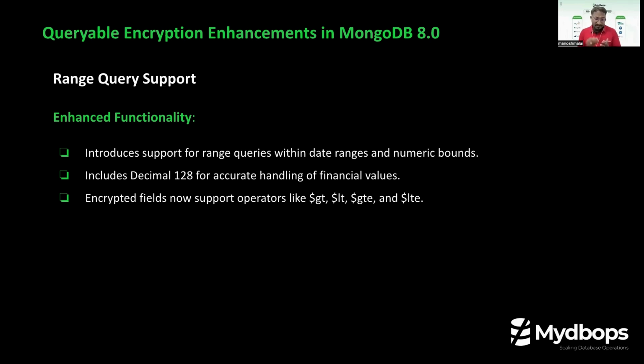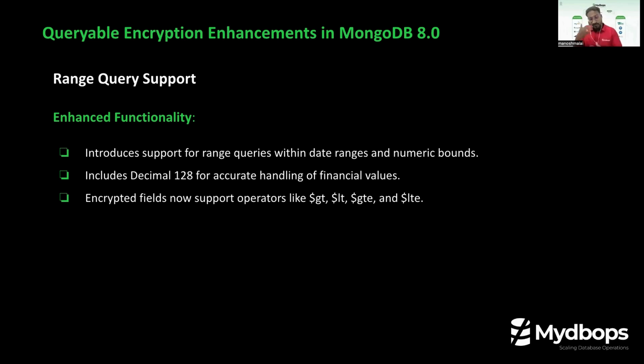For encryption, they use the queryable encryption feature. Now MongoDB supports quite interesting things like operators such as greater than, lesser than, greater than or equal to. These look like quite basic features, but when we are working with the queryable encryption feature, how we store the information and how we fetch it, that is quite interesting engineering they did.